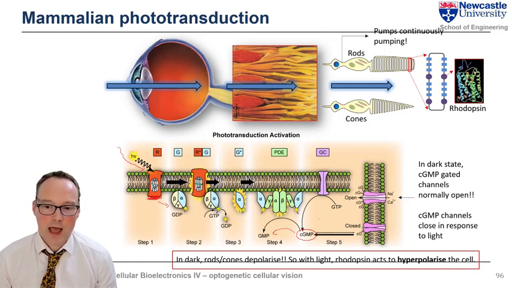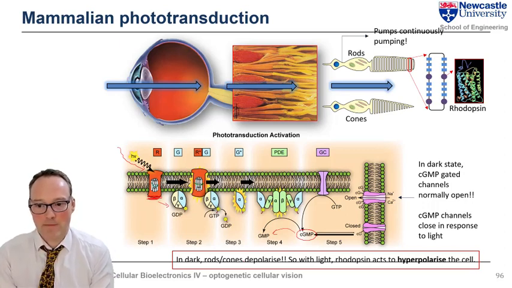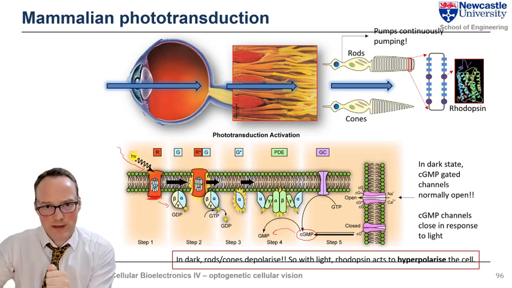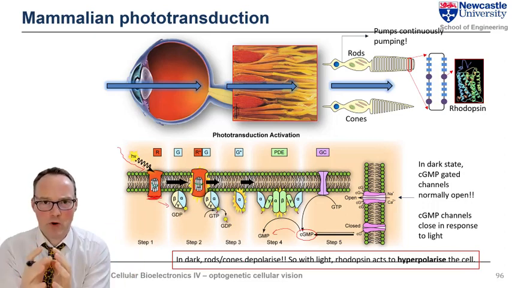and cGMP is used to hold ion channels open. So when you remove the cGMP, some of these ion channels close, and then the pumps start pumping out the sodiums, and the cell hyperpolarizes.